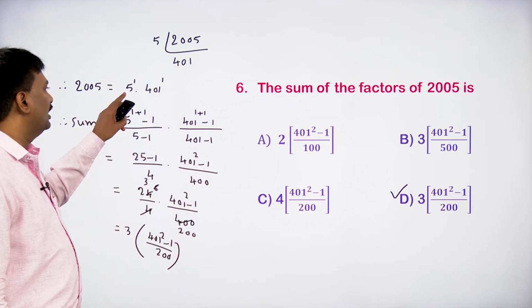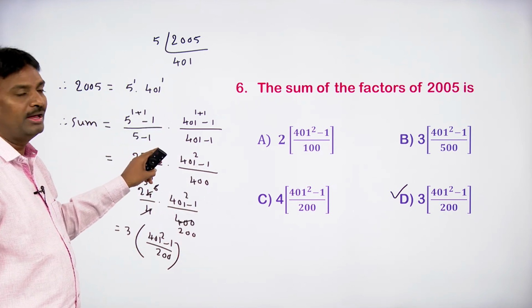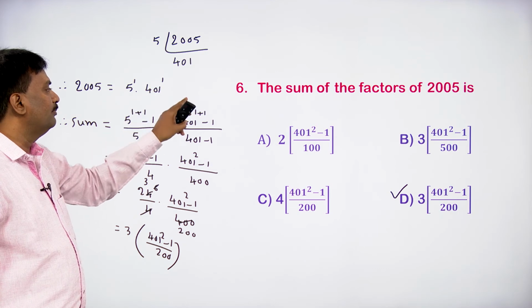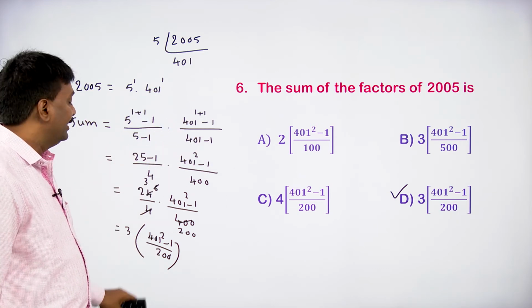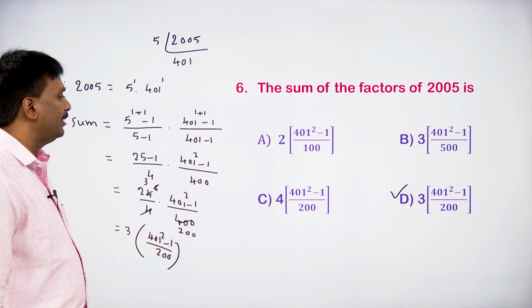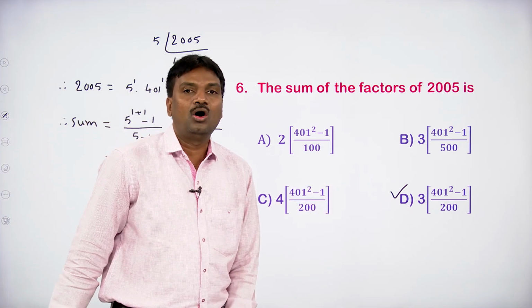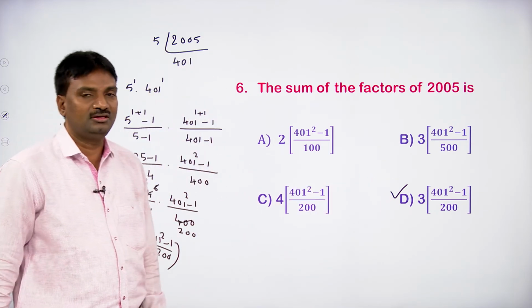By using that formula, 5 power 1 plus 1 minus 1 by 5 minus 1 into 401 power 1 plus 1 minus 1 by 401 minus 1. By simplifying this, we get 3 into 401 square minus 1 by 200. So option D is the correct option for the given problem.